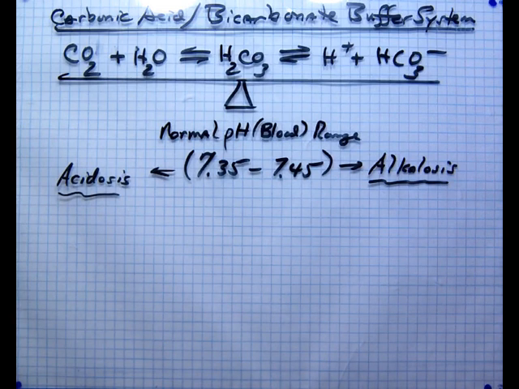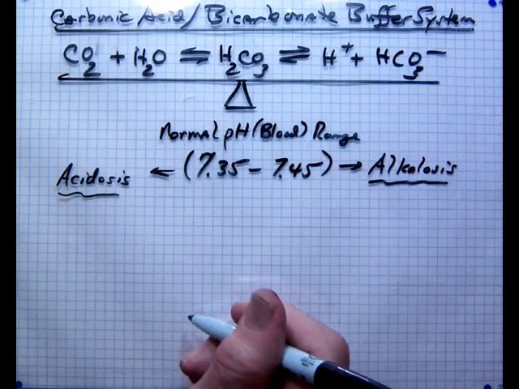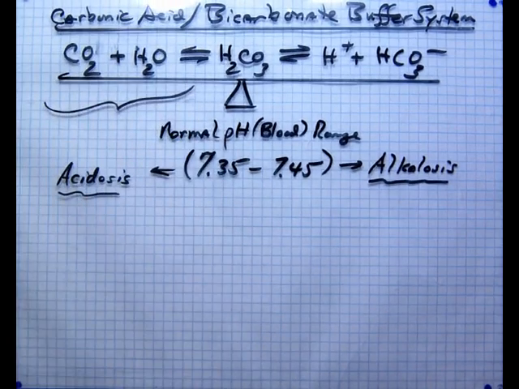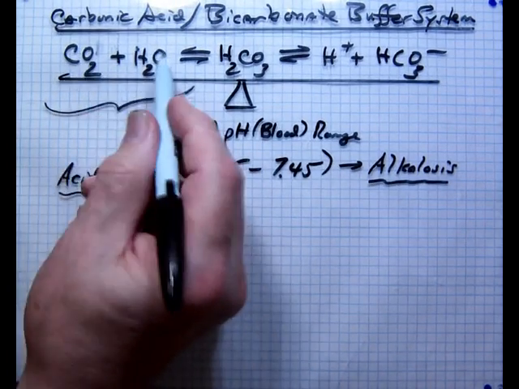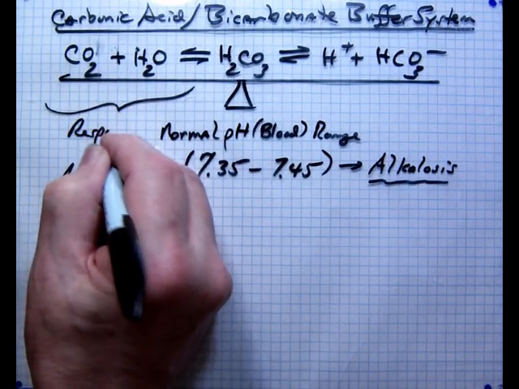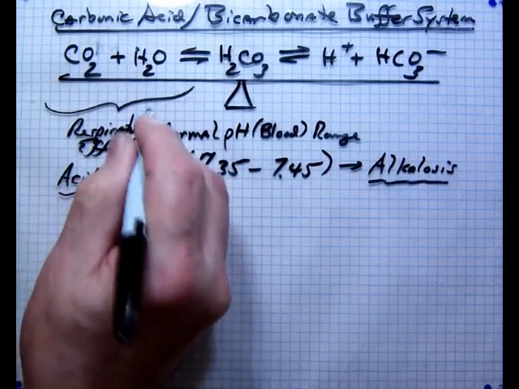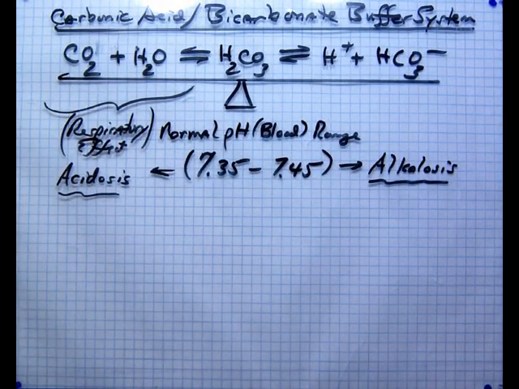Okay? Now, to begin with, the system is controlled by our biological processes. One is our respiratory system, and many of the presentations that I've seen apply the respiratory to this CO2 H2O. So the stress factors that will disturb CO2 and H2O are typically respiratory.